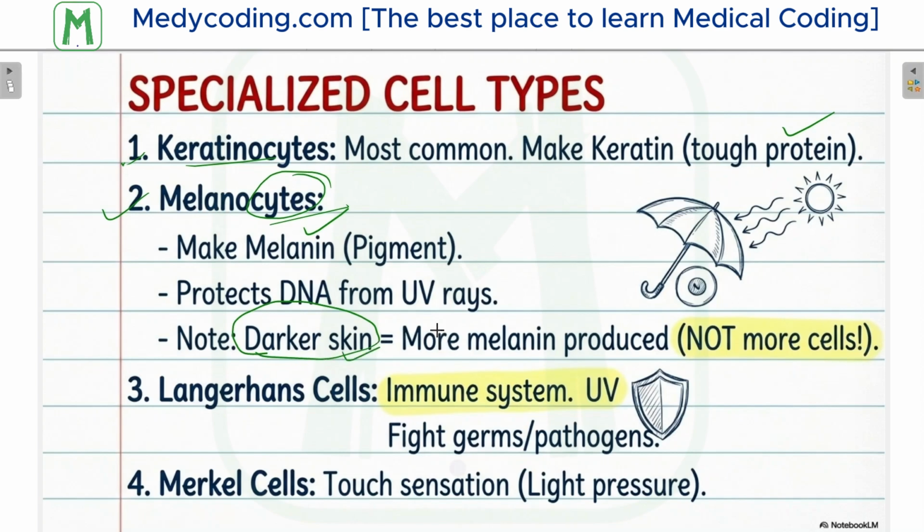Okay? This melanocyte also protects us from UV rays. That's why black people have more tolerance to harmful UV rays. Next, the Langerhans cell gives us immunity. Then the last one is the Merkel cell. We have read that it helps us feel touch sensations.